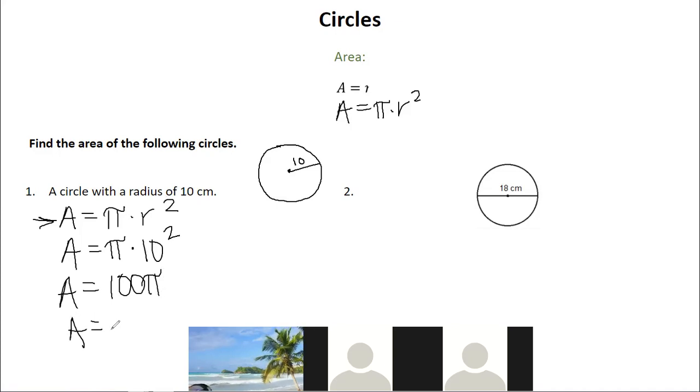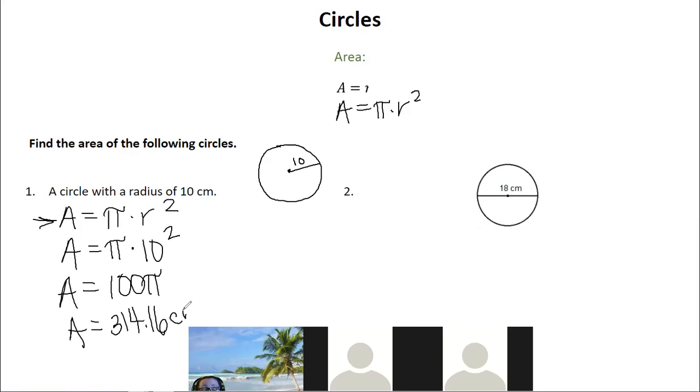What would I get for my rounded answer when I actually do 100 times pi? Yeah, 314.16. Good.